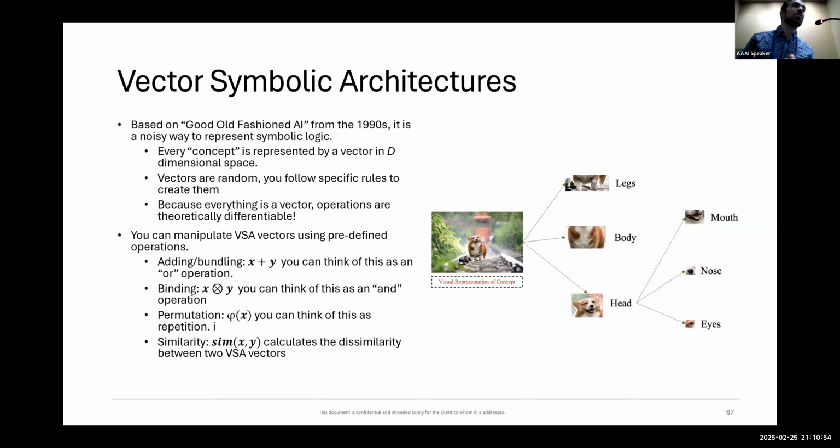Permutation, you can think of this as repetition. I could have a vector representing position 1, and I can permute it to get position 2, and permute it again to get position 3. And finally, we're going to have a similarity function, which is usually cosine similarity. Again, this can change a little bit depending on which VSA you use, but it's going to tell you how similar two vectors are.